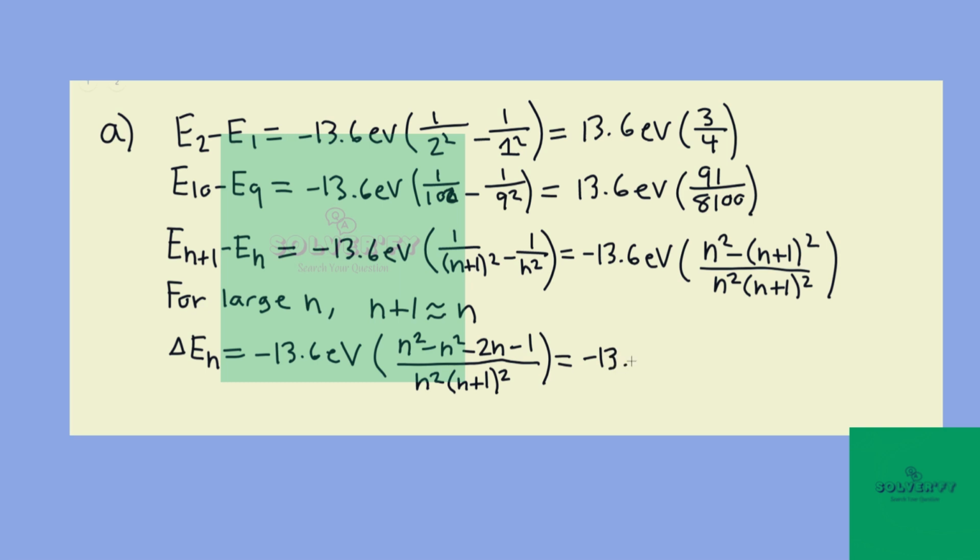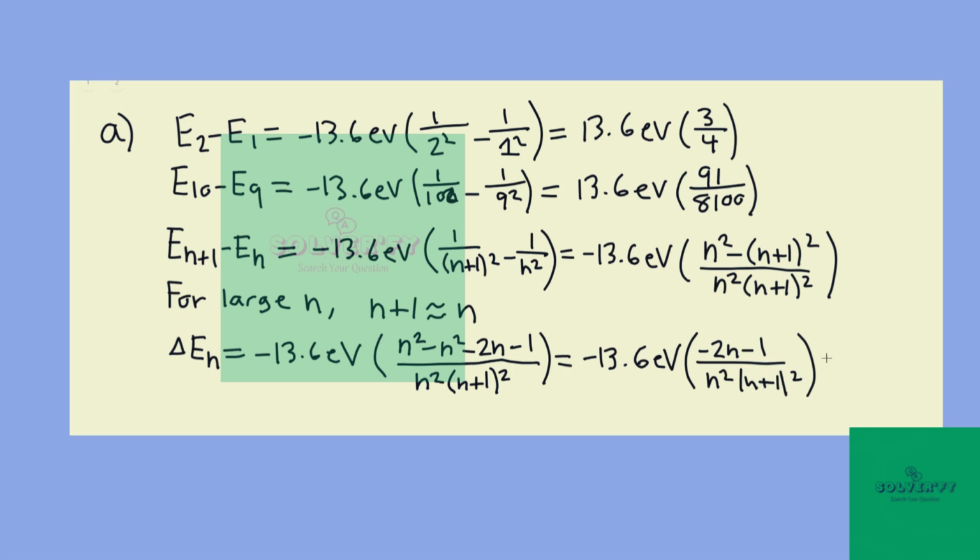So at this point, we can do the approximation. We can now approximate 2n minus 1 as simply 2n for a very large n, and we can say that n plus 1 is also n.